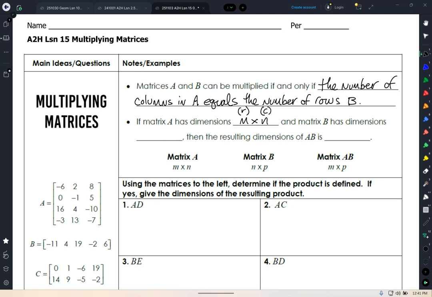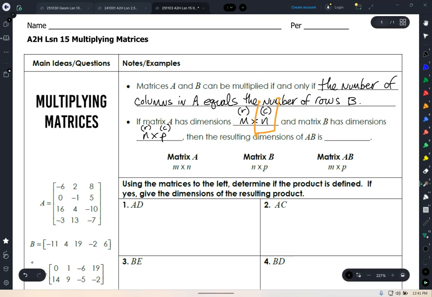So if matrix A is m by n and matrix B has dimensions n by p, again, this is going to be rows and columns, then we can multiply those two because you'll notice that the columns in matrix A, which is represented by n, is the same as the rows in matrix B, which is also represented by n.